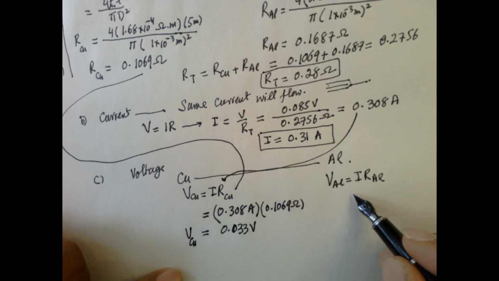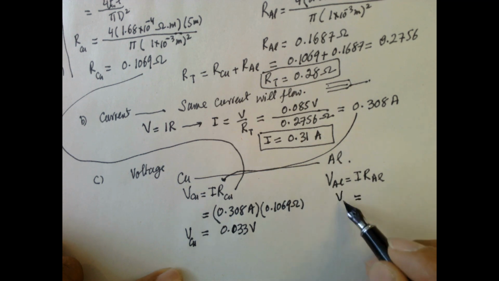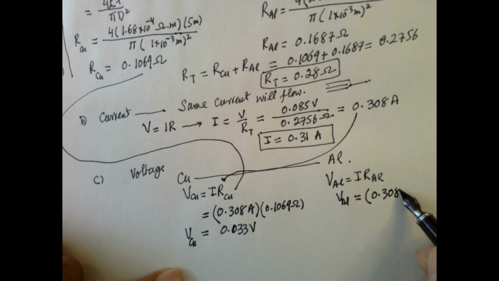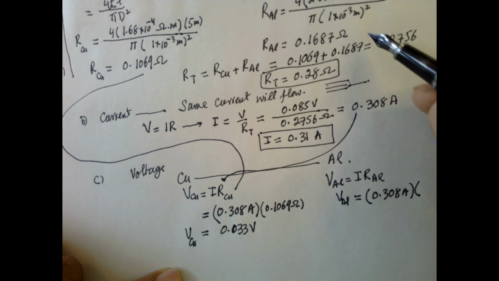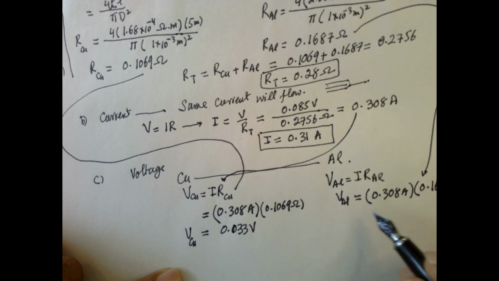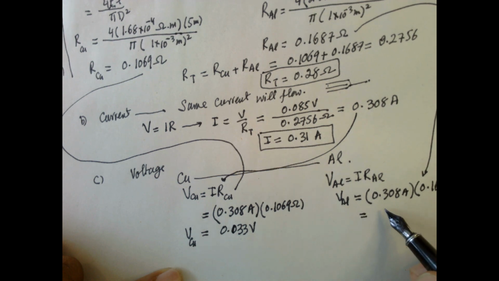And voltage of aluminium, V Al, is equal to the current, which is 0.308 amp, multiplied by the resistance of this aluminium, which is 0.1687 ohm, and this will give us the value, which is 0.052 volt.